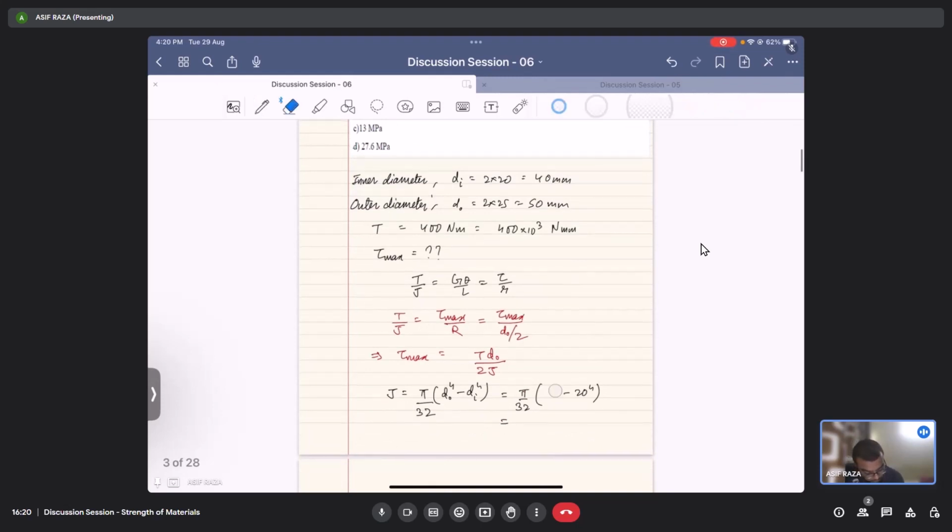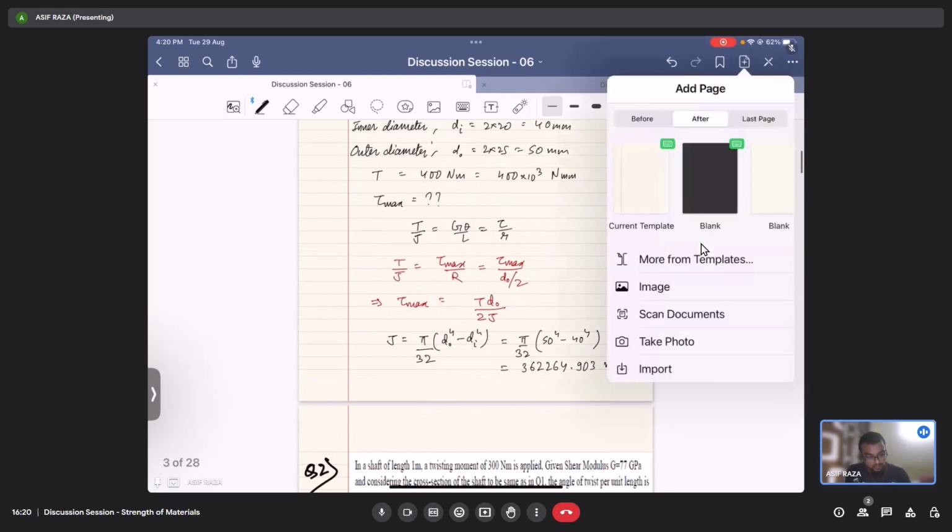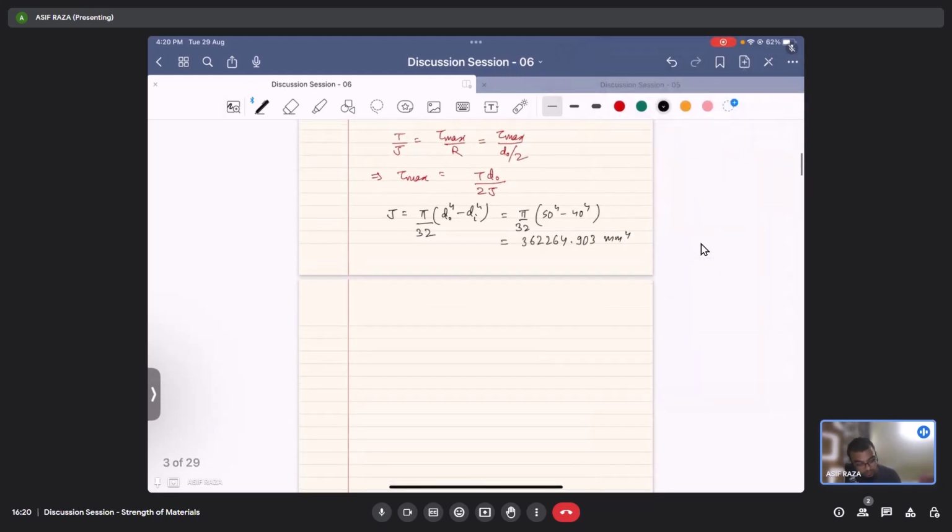So we'll write here as 50 to the power 4 minus 40 to the power 4. On calculating, we'll get it would be equal to 362264.903 millimeter 4.